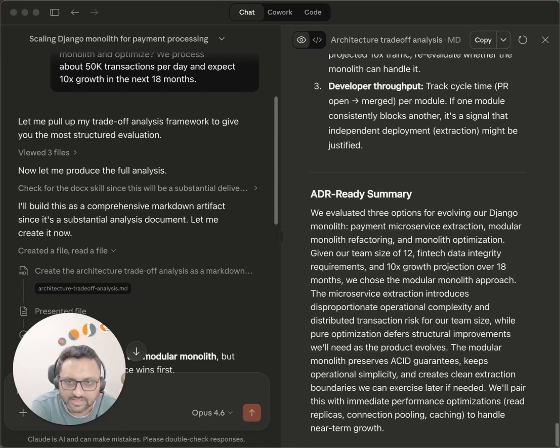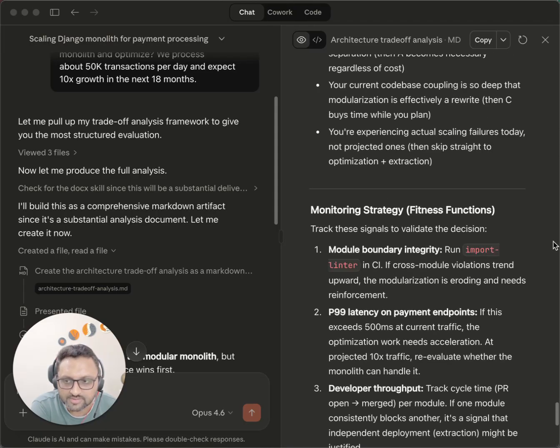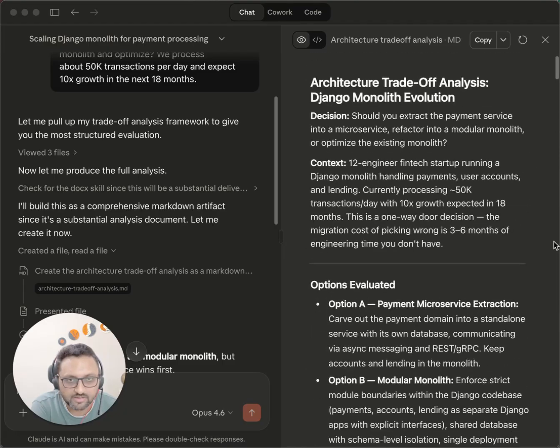Pretty simple, neat, and clean. You provided context, and what you're getting is a 250-word-long, detailed architecture trade-off analysis.